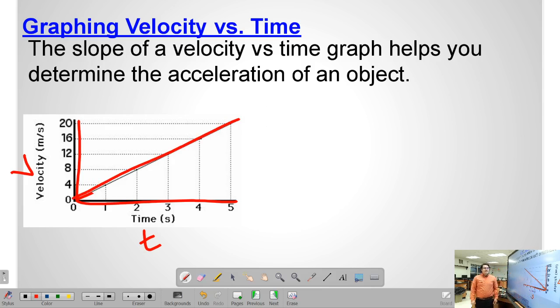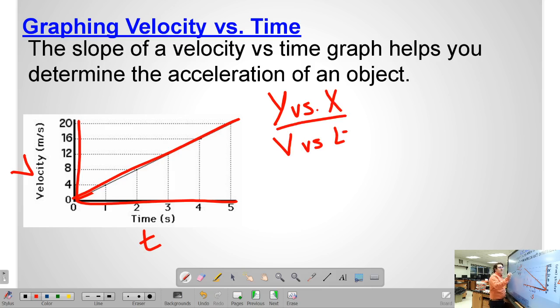There's our line. When you look at a graph, it's always going to be y versus x. So for this instance, it's going to be velocity versus time. I'm going to go back to what I had earlier. Slope is rise over run.